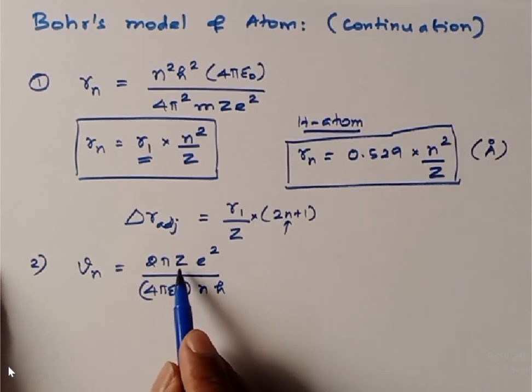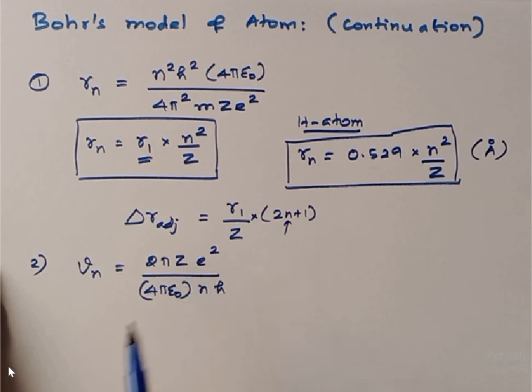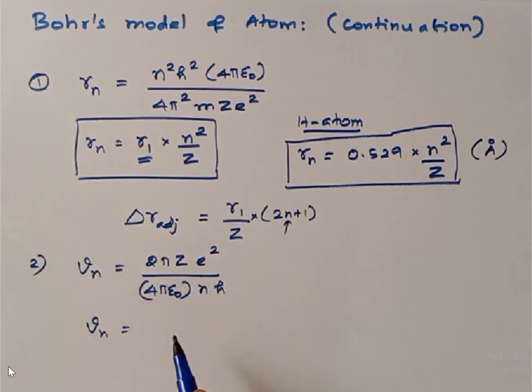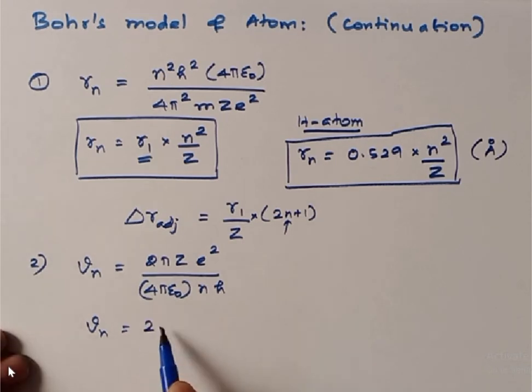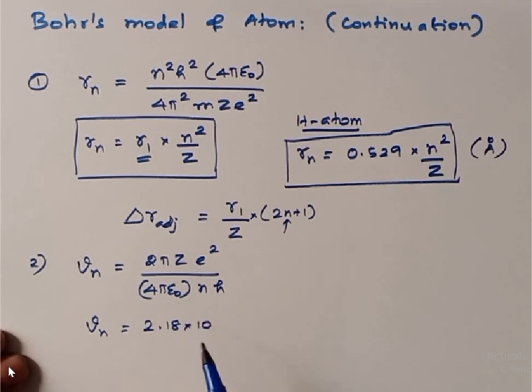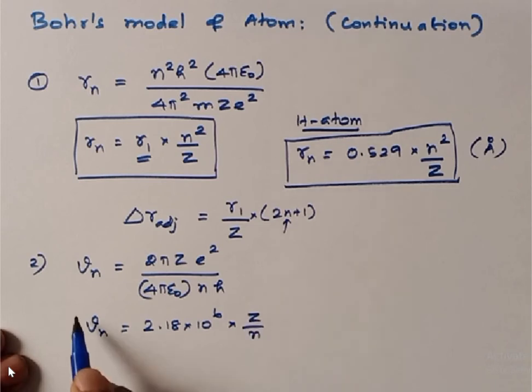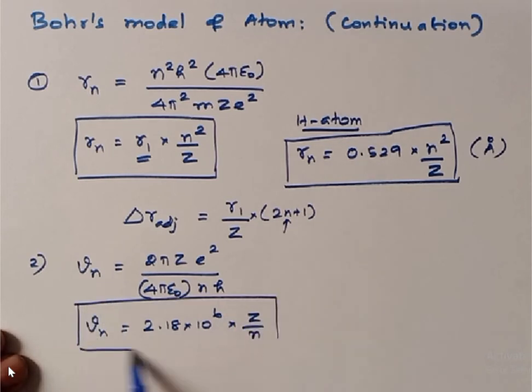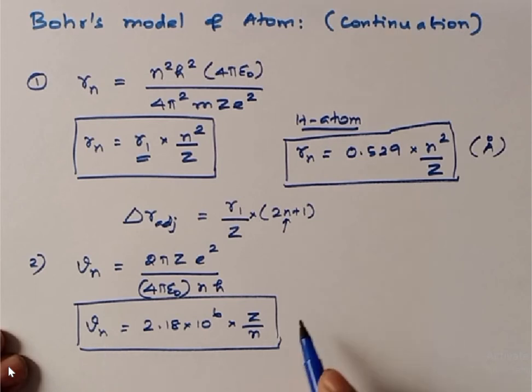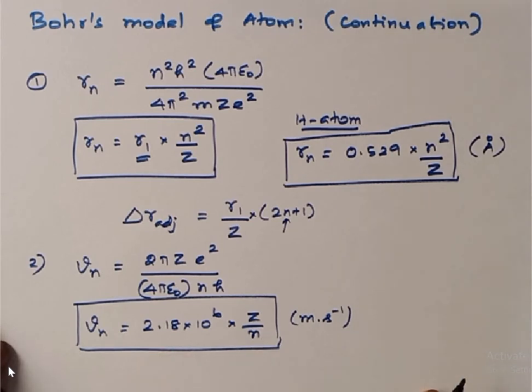Except z and n, all other things are constant. If you substitute those constants, we get velocity of the electron in the nth orbit equal to 2.18 into 10 to the power 6 z by n. You'll get the unit as meter per second. Using this formula, you can calculate the velocity of the electron in the nth orbit.